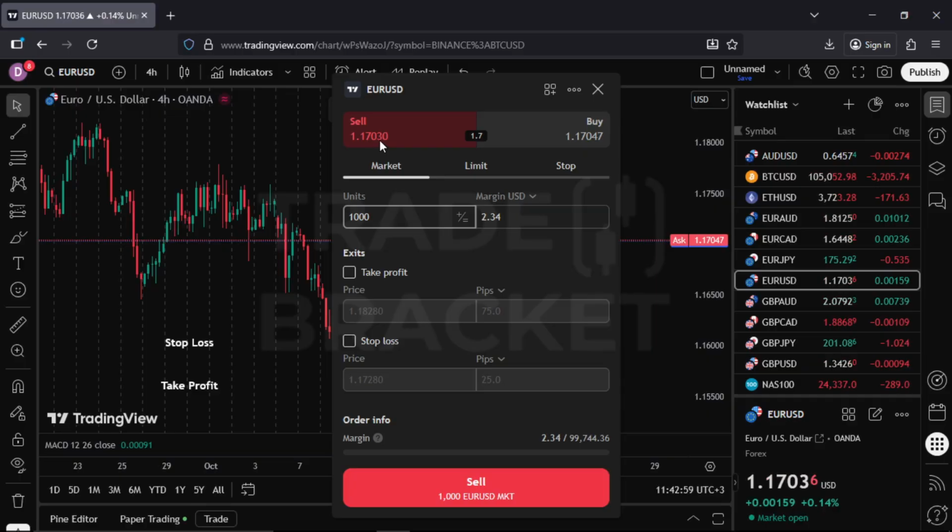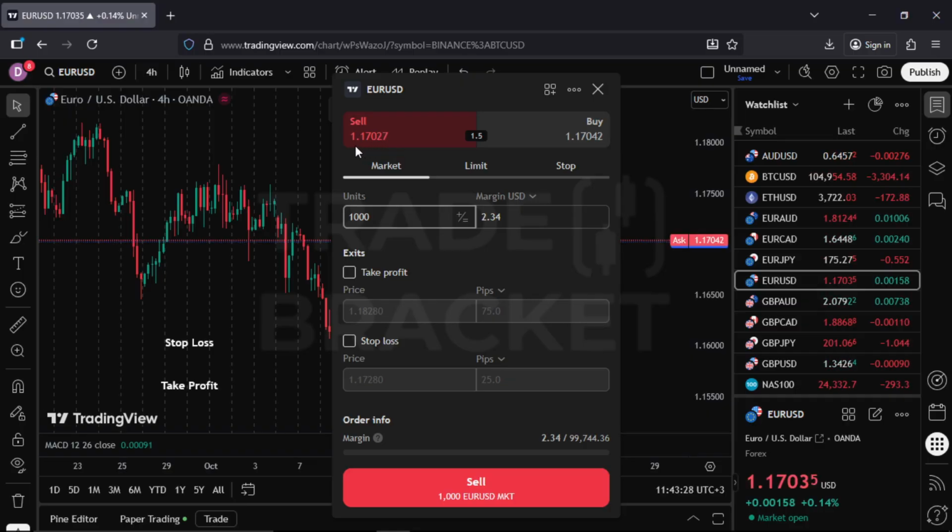We said the pip is the fourth decimal place, and this price has been stated up to 5 decimal places. Anything smaller than the pip is called a pipet. So this broker went ahead to list the price of the Euro USD up to the pipet.